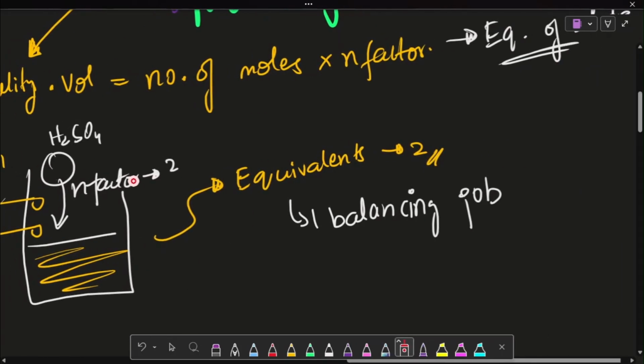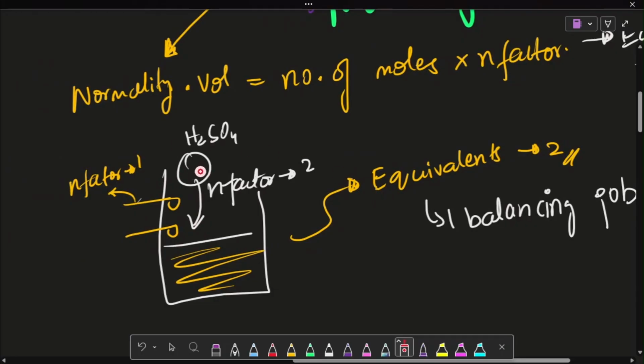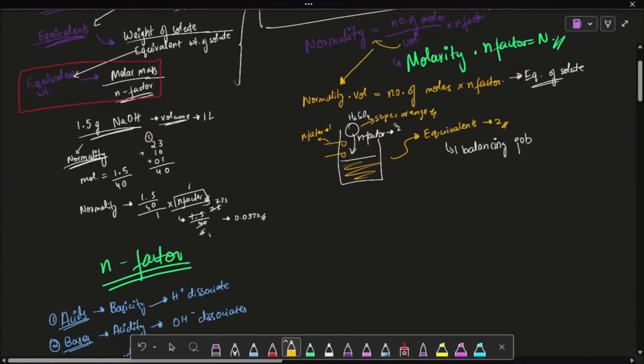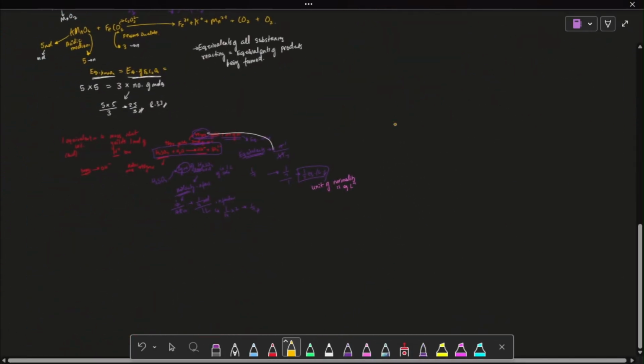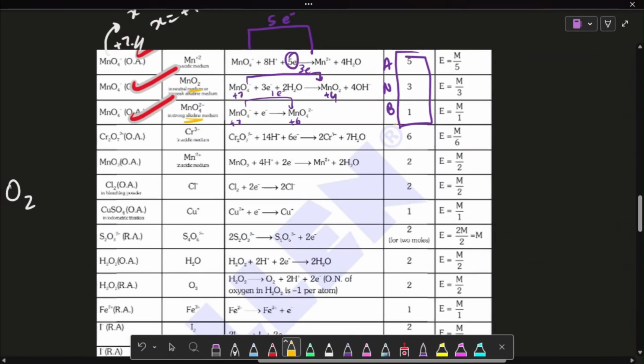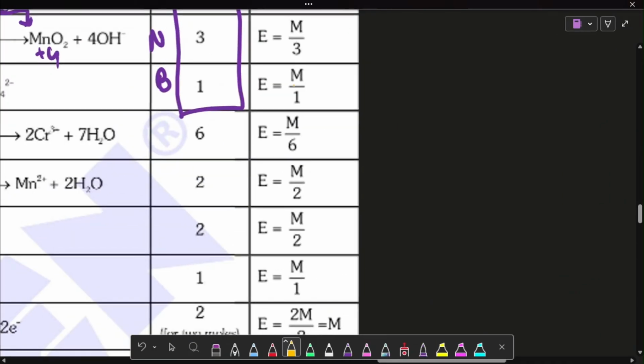So if there are two equivalents, you added 2 spoons of sugar, they are both doing 2 balancing jobs to balance the super strong orange. Yeah, that's it for today's video. This would be the equivalent weight, that's nothing but molar mass divided by n factor.